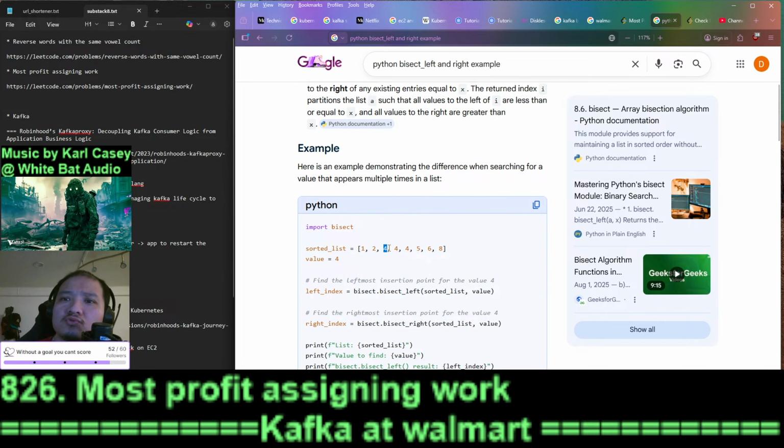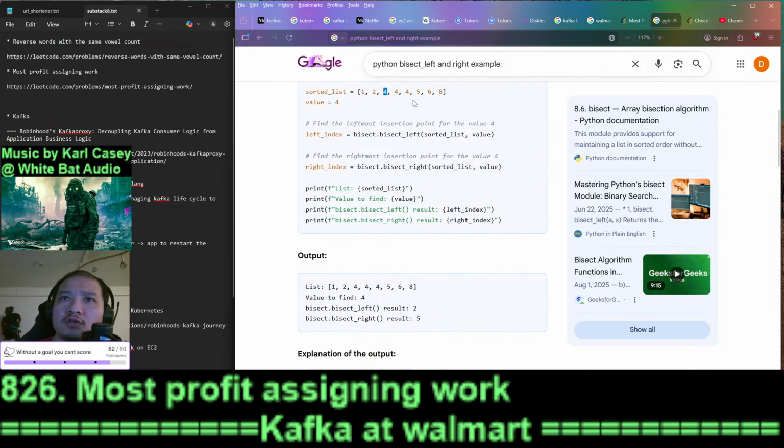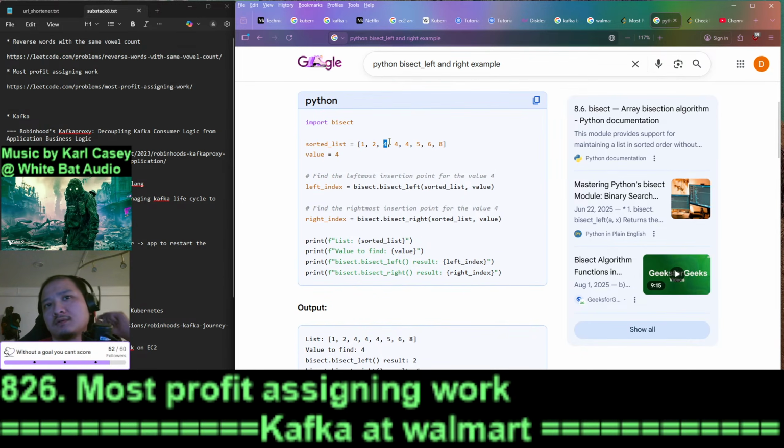Zero, 1, 2, right? So bisect right is 1, 2, 3, 4. 0, 1, 2, 3, 4. Right. Okay.